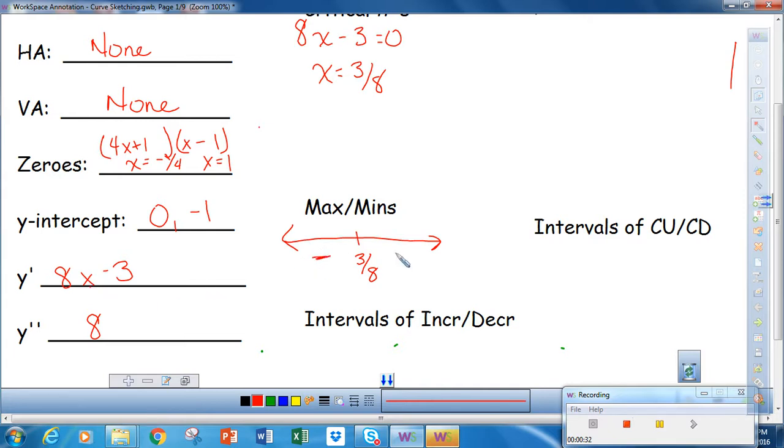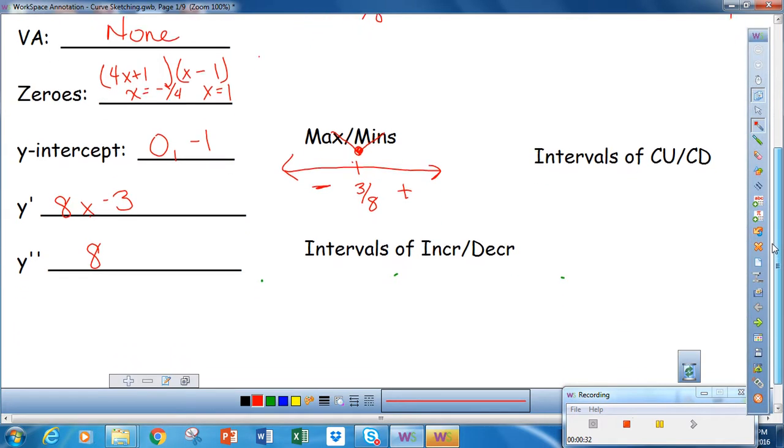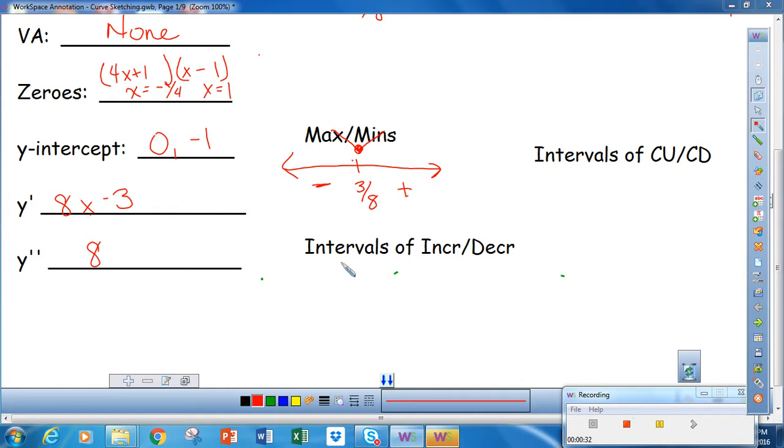If we put a number greater than 3/8, let's say 2, we get a positive number. So that means it went from negative slopes to a positive slope, so we have a local minimum. And to find that local minimum, we put that value into the original function.